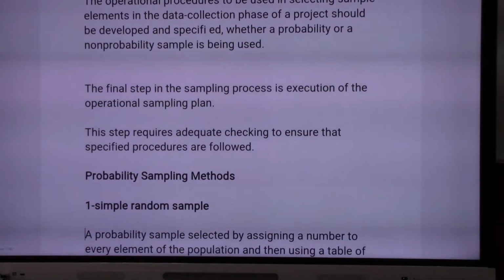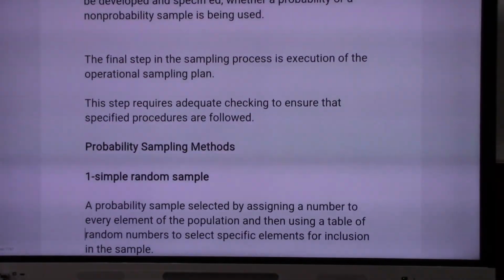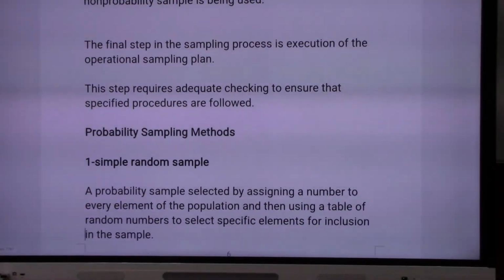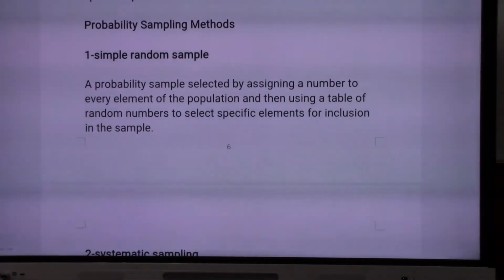The first type is called simple random sample. A simple random sample is a probability sample selected by assigning a number to every element of the population and then using a table of random numbers to select specific elements for inclusion in the sample.